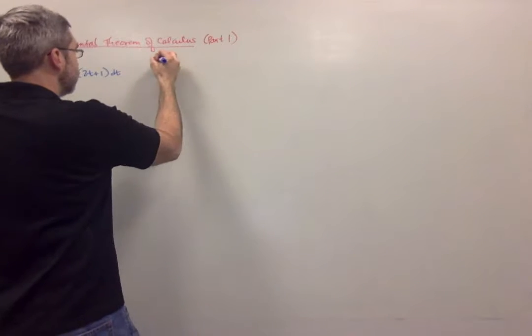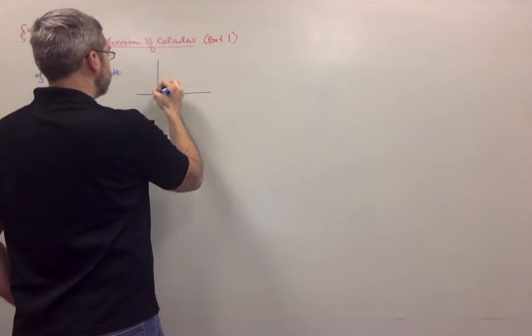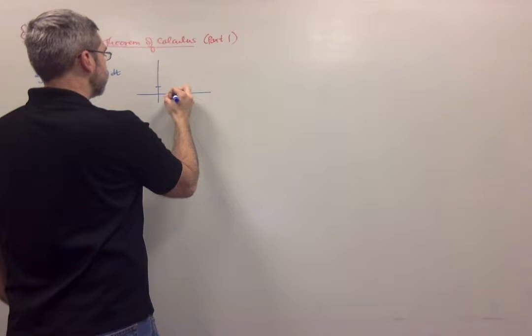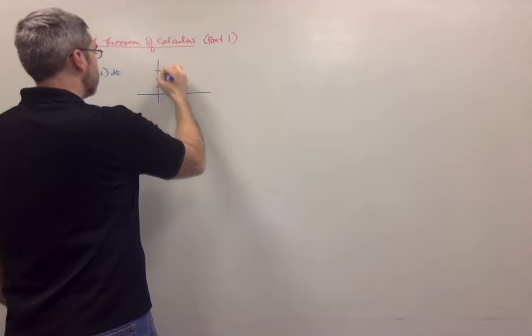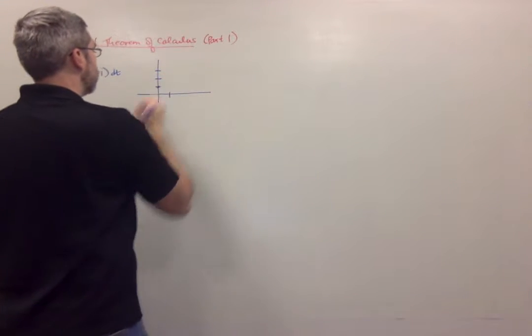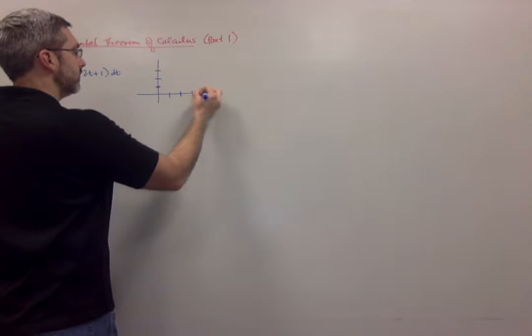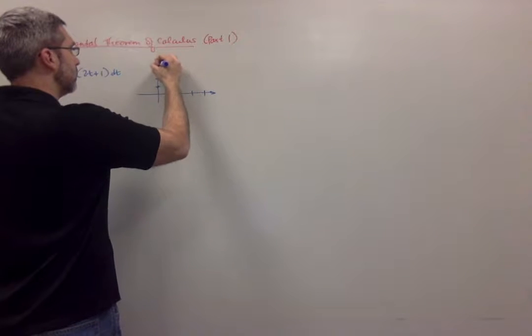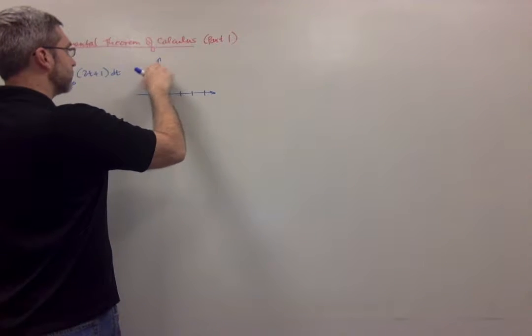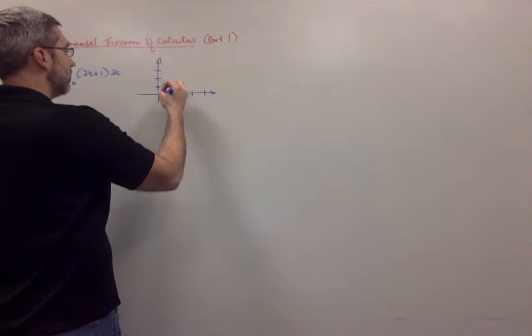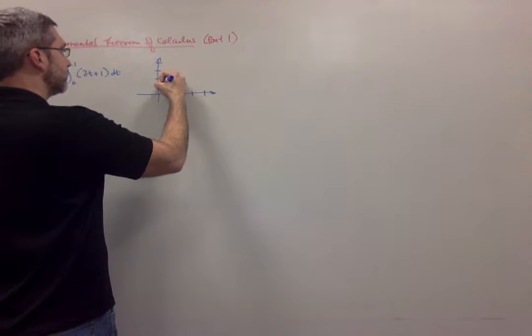Okay, so what this means is the area under the function 2t plus 1, so let's graph that. So here's my function, 2, 3, 4. Okay, so I'm going to go from 0 to 1.